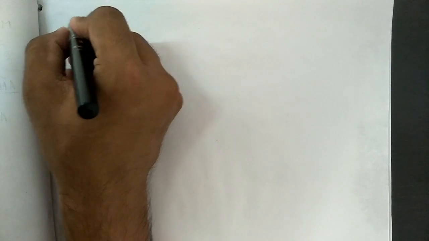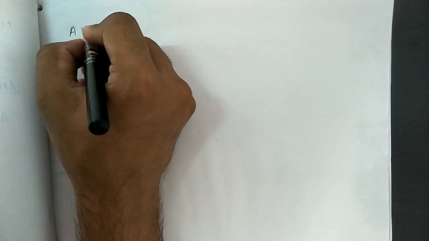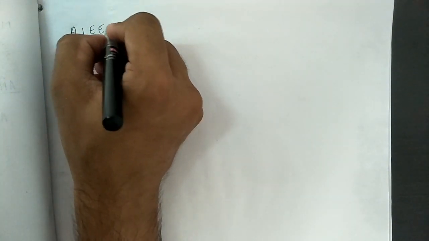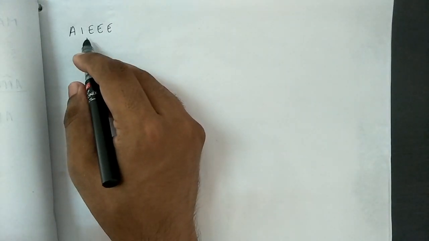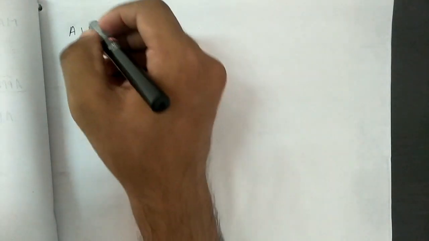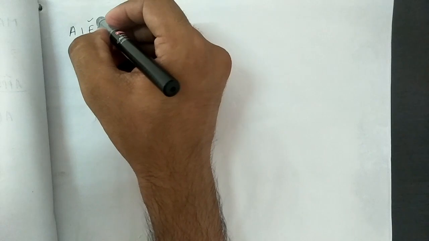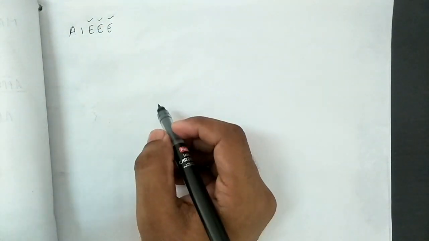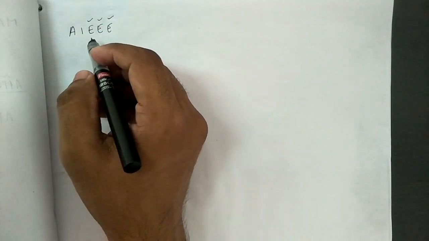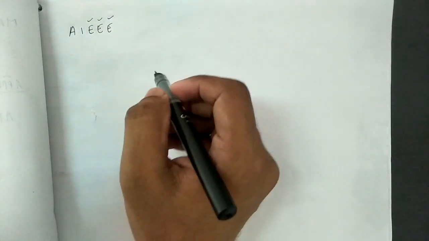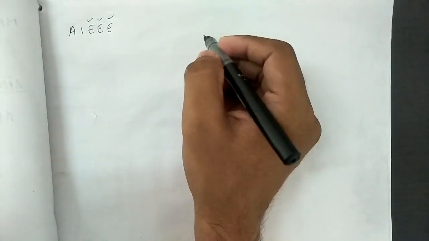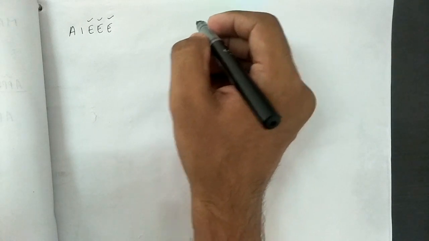Now going to the next example, if we have the word AIEEE, All India Engineering Entrance Exam, we can see that there is a triplet of E. E is present in this word 3 times. So what are the total arrangements of these letters?